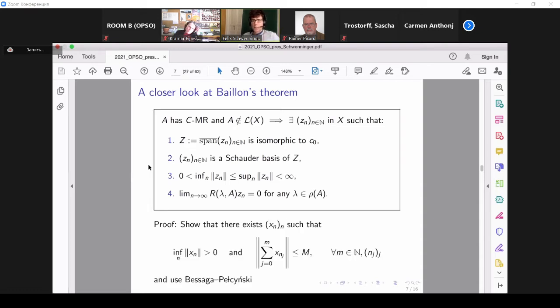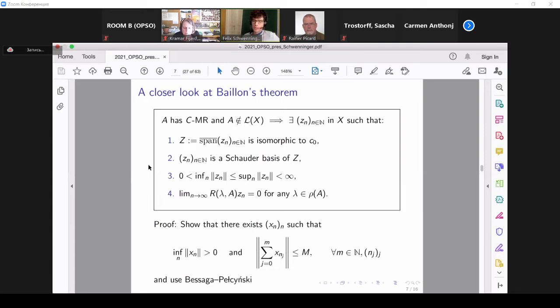I'm not really saying something about how to prove this, but to give you a glimpse, well, actually the underlying fact that stands behind this proof is a classical theorem by Bessaga-Pelczynski that tells you that you may find a copy of C0 as soon as you manage to find a sequence x_n in your space with the following properties. And then the second property here in this line shows already why this is close to having somehow a supremum norm.